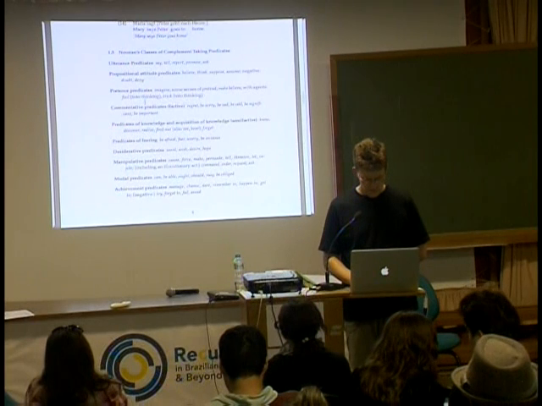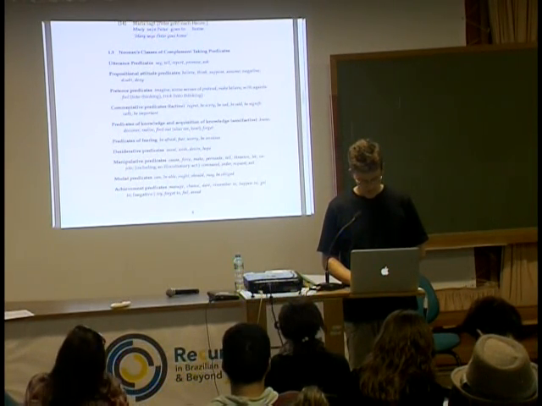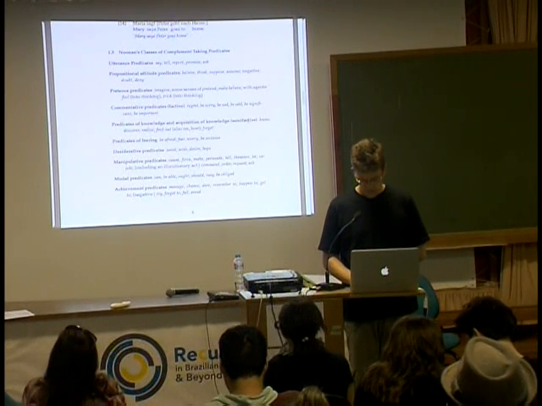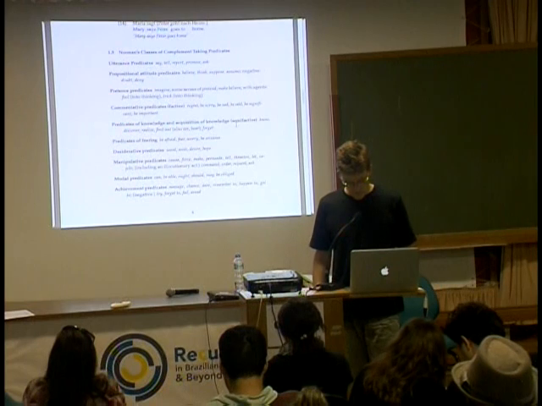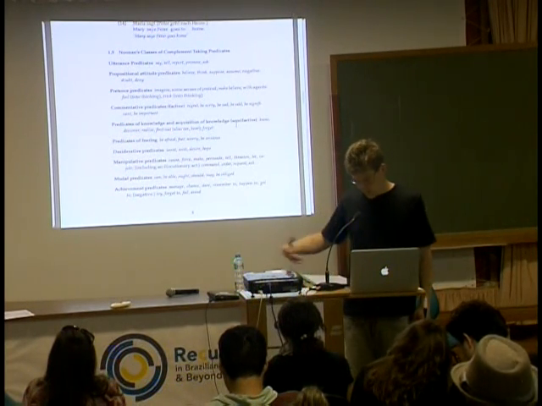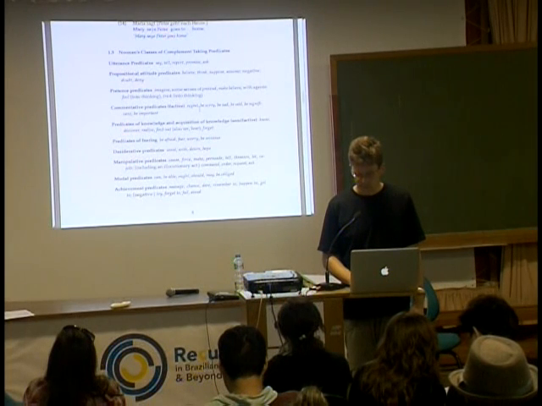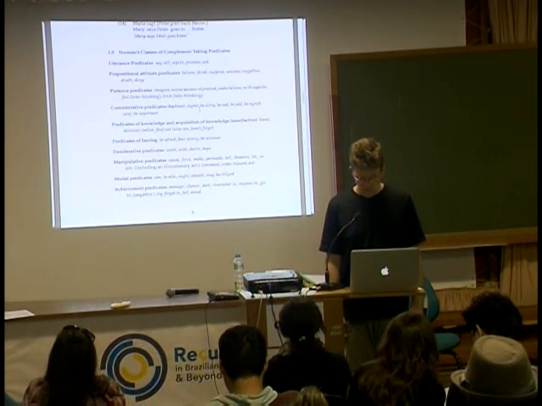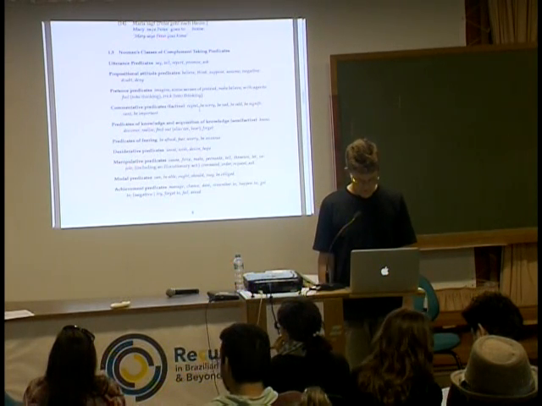These two classes of predicates are the factive, and in some literature these are called semi-factive. In other literature they're also just called factive. These generally have the property that, for one, they can only combine with finite complements. That's the syntactic property. Or do they?